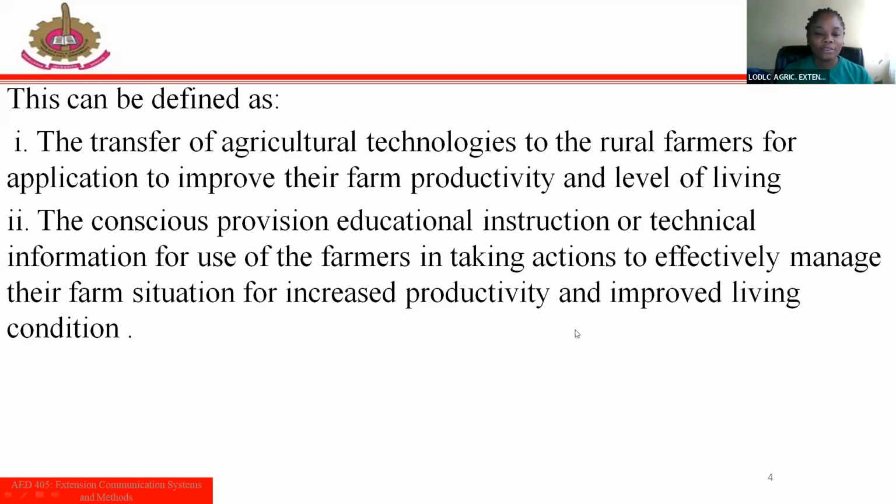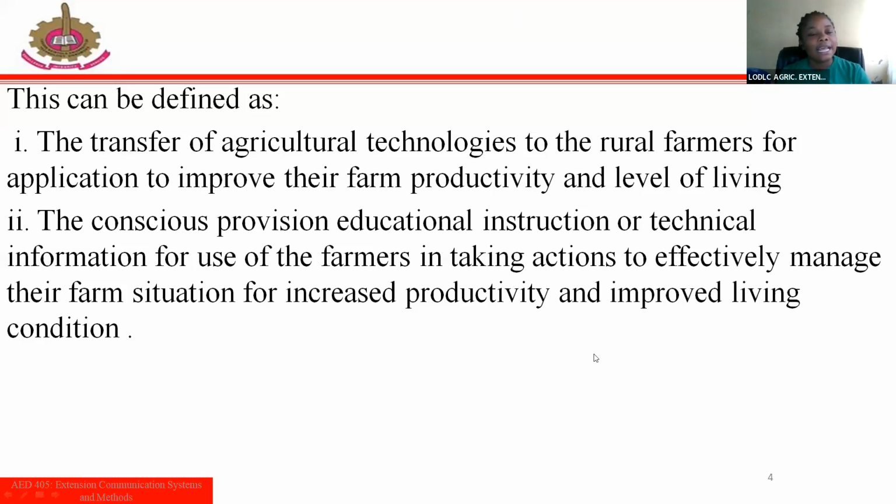So let's move on. I say that this can also be defined as a transfer of agricultural technologies to the rural farmers for application to improve their farm productivity and their level or standard of living.